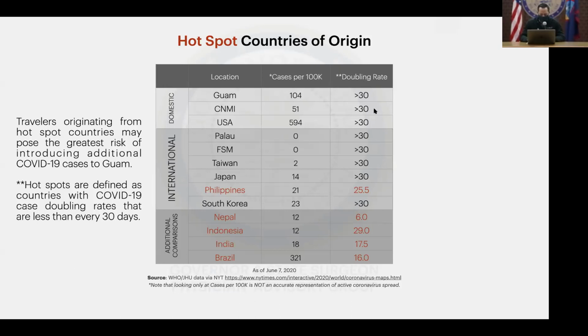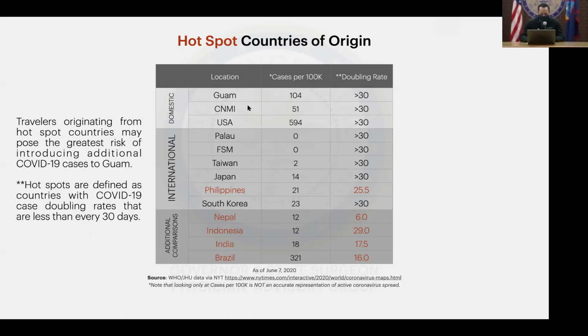It looks to be a decent way of separating countries that are hot versus not hot. And as you can see here, cases per 100,000 doesn't necessarily match up with the doubling rate. This slide shows the table broken down from domestic arrivals to international arrivals to Guam. And then we put some additional comparisons here.